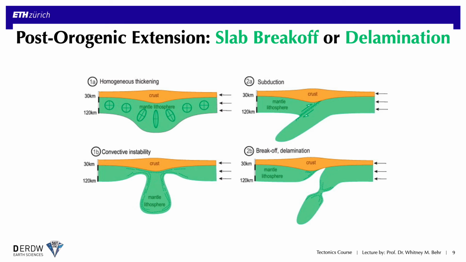In addition to the orogenic collapse process, there are other processes that can punctuate the end of a subduction event that also lead to collapse and extension. For example, if the lithosphere is thickened homogeneously, then the mantle lithosphere will tend to form a sort of keel that can eventually destabilize and drip off from the overlying crust.